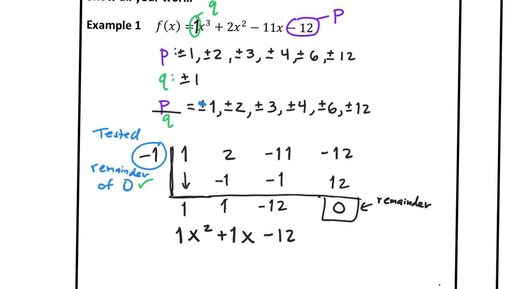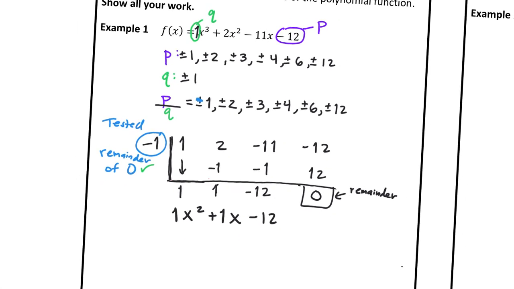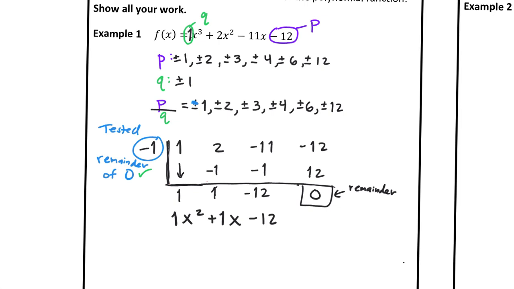All right, and so if I look at this expression here, I can ask myself, can I factor this? So let me change the colors here. I'm asking myself, can I factor this problem?